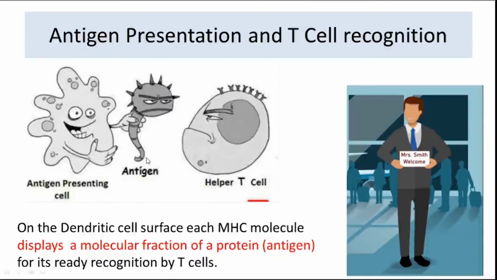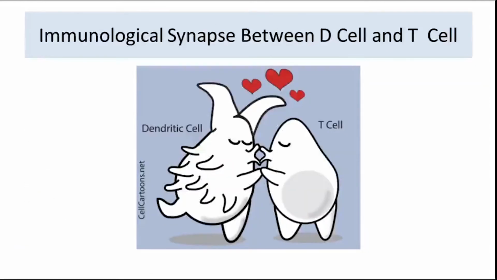So the T cell is now going to see whether this antigen suits it, whether it recognizes it or not. There are possibilities that the T cell is not going to recognize it, and it is going to refuse, saying no, I am not going to take this antigen any further. And if they recognize, there could be a sort of immunological sign between the dendritic cell and T cell.